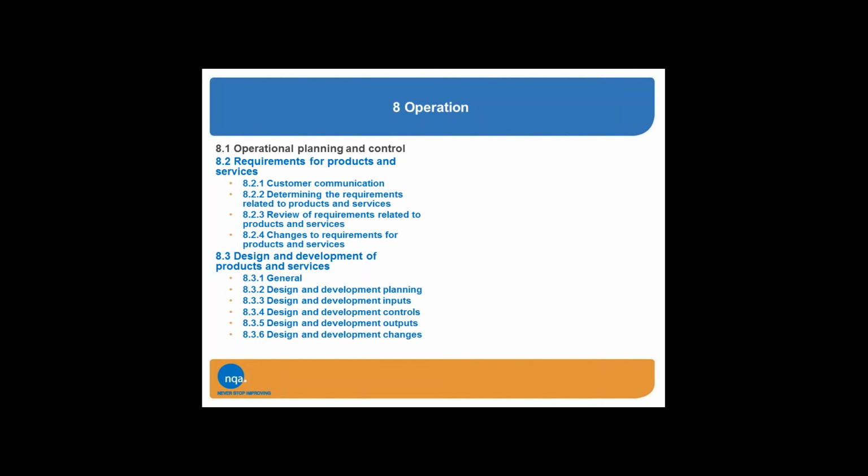And my advice, just a little hint if you like, even if you don't do design and development, I do think that the way this clause is presented is a very nice illustration of the process approach. So I would take a minute or two to just read through 8.3, and if you were to replace the terms design and development with process or with the name of your own process, I think this is a nice guide.